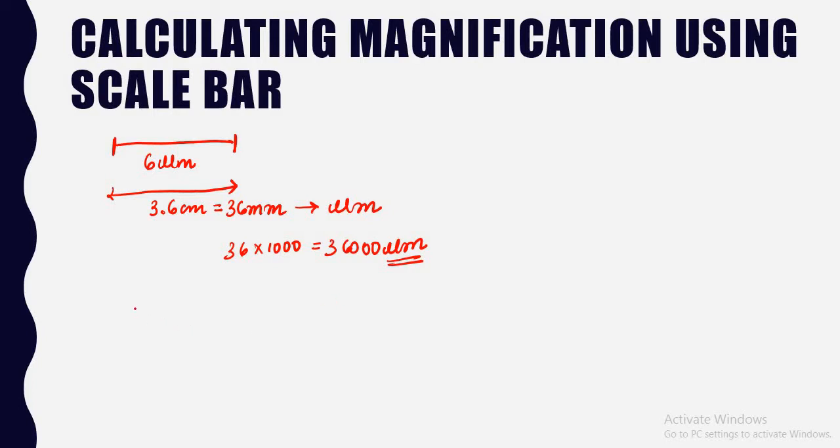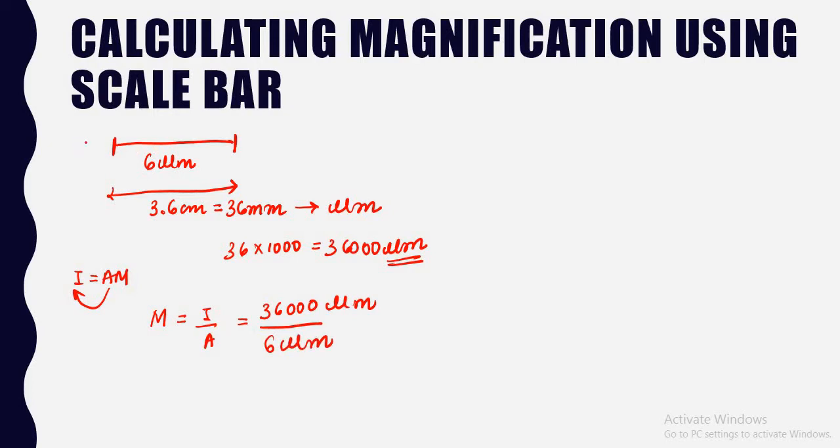Now what you will do is put it in the formula. Magnification is I by A, or IM. M as the subject, I by A. So what is the magnification? Image size will be the one which we have calculated using a ruler. And the actual size is given, 6 micrometers, on the scale bar.